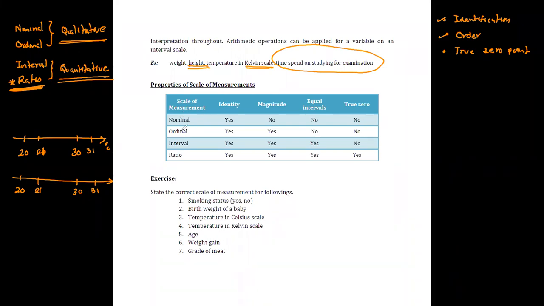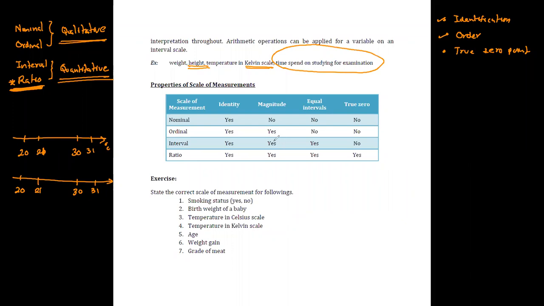But once you come to the ordinal scale of measurement, we definitely must have the identity. And in the word itself, there should be a logical order. To have a logical order, we must have a magnitude for the measurement, and there are no equal intervals or true 0 point for the ordinal scale. Then we consider the next scale, the interval scale of measurement. Here we have identification, and magnitude is there because there is a logical order as well.